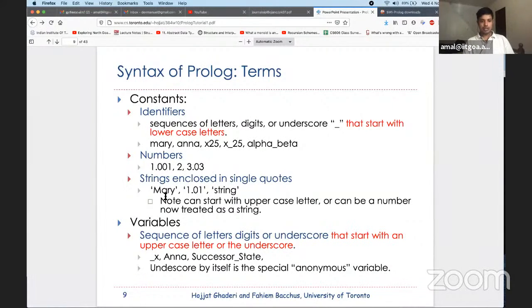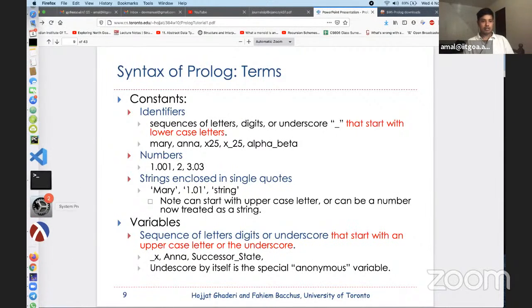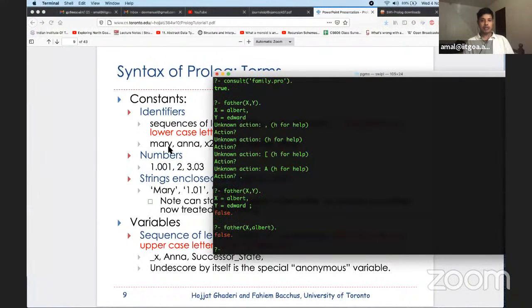And everything which is enclosed in single quotes is also an atom. And variables must start with either an uppercase letter or an underscore. And it can be a single underscore. Single underscore has a special meaning. So what is the special meaning of single underscore? It can be taken to be an arbitrary value, like a wildcard character.